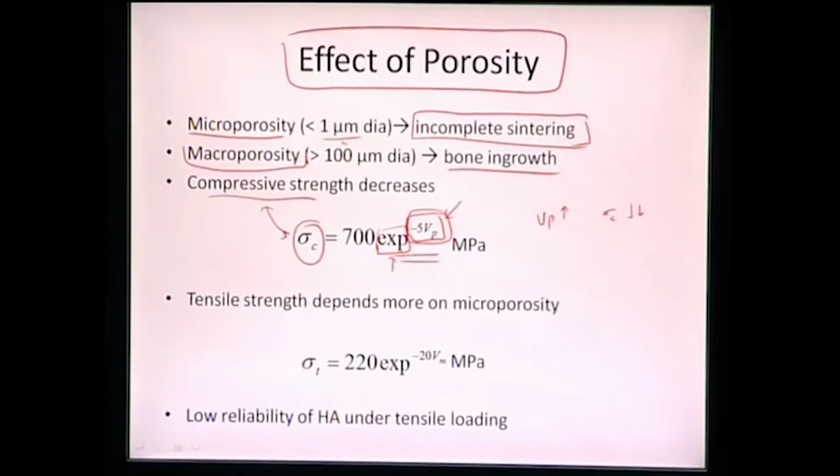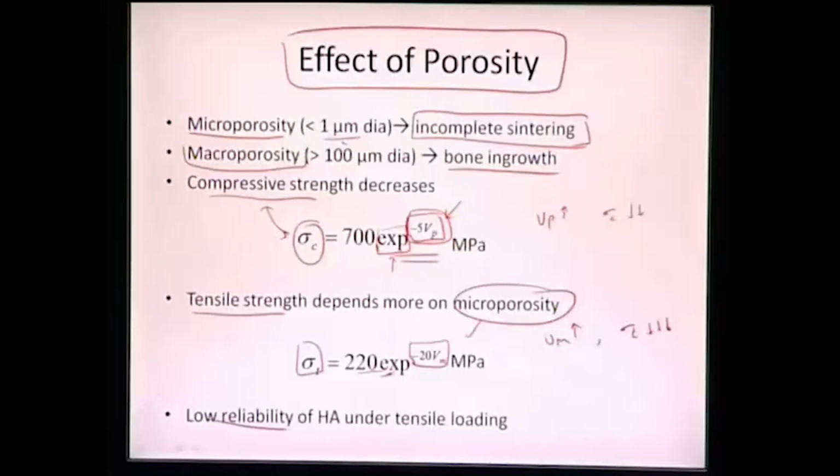But when it comes to the tensile strength, it depends more on the microporosity, and the tensile strength again decreases exponentially as soon as microporosity starts. Vm is the microporosity. As it increases, our sigma t, the tensile strength, will decrease very drastically, because microporosity can serve as a potential crack initiating site.